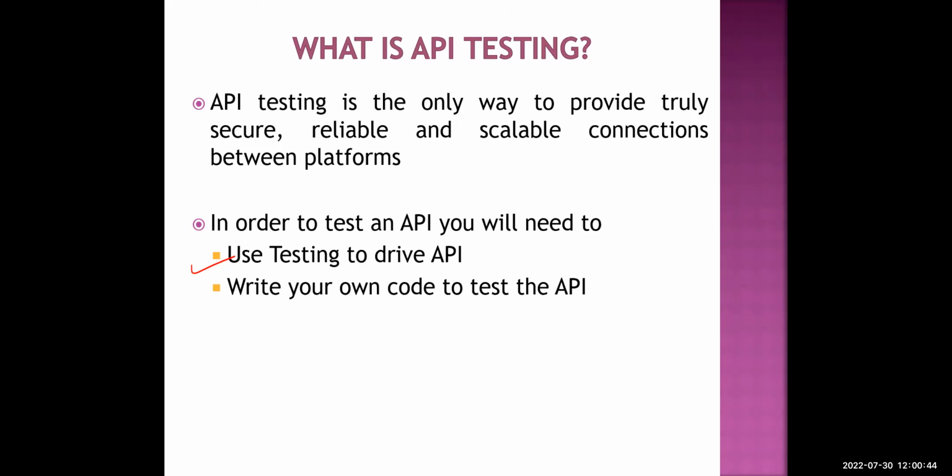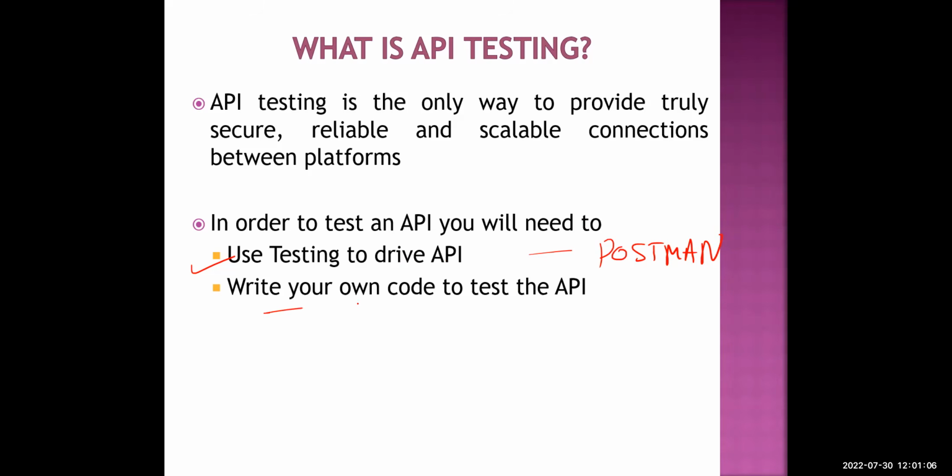I can show you that we can perform API testing through the browser also, and then we have some tools through which we are able to perform API testing. I'm going to show you the Postman tool here, how exactly you can use it and how exactly you can perform API testing.